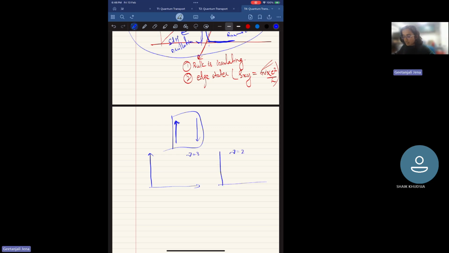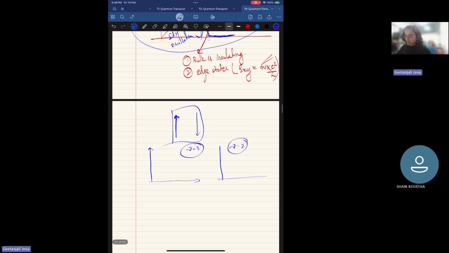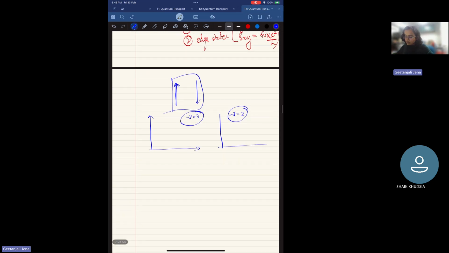So we increase the magnetic field such that previously only 3 Landau levels were occupied below the Fermi level. Now we have 2 Landau levels below the Fermi level that are occupied. So if you experimentally have this information, then if you take the difference, this will be 1, right?